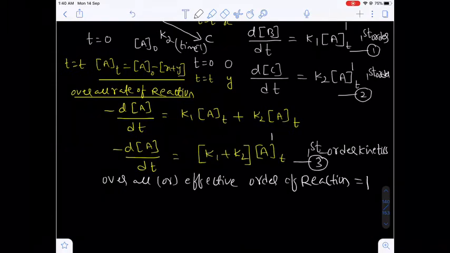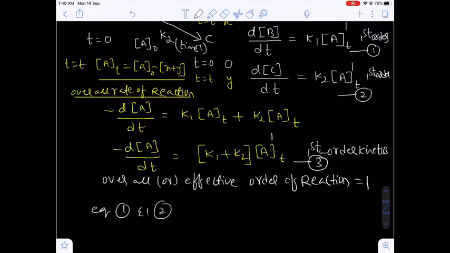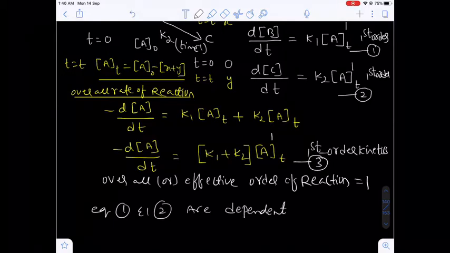Now you see equation 3 is an independent equation, whereas equation 1 and equation 2 are dependent equations. Are you getting my point?